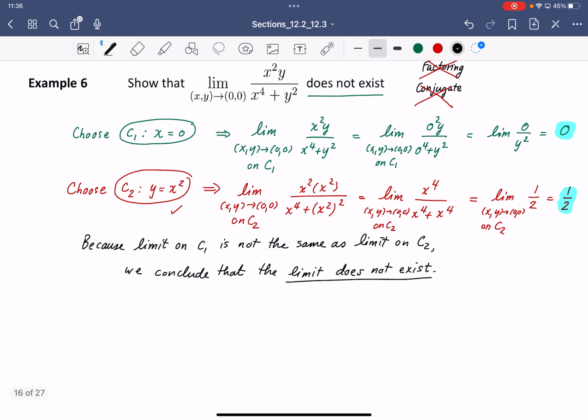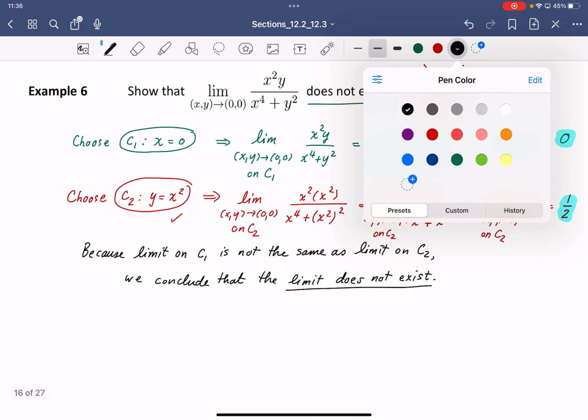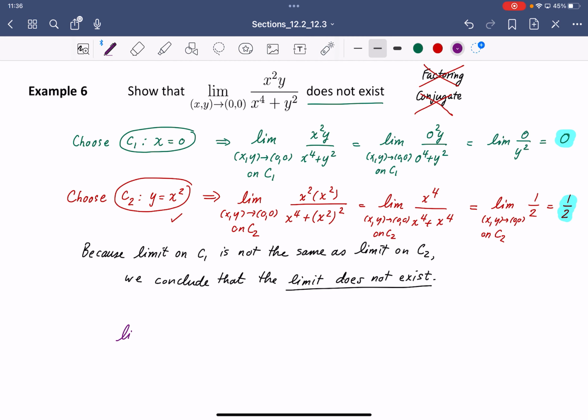To sum up, what you learned today for the limit is this. First of all, when you see the limit of f(x, y), you try to plug in first. If you plug in and get a number L, you're done. If you get 0/0, you can try conjugate and factoring first.